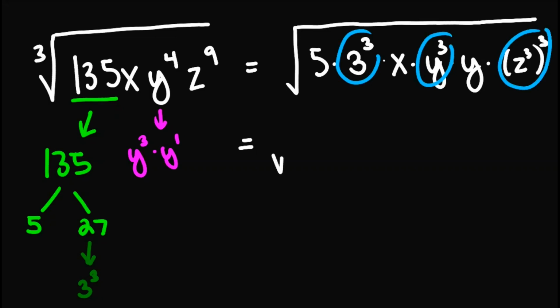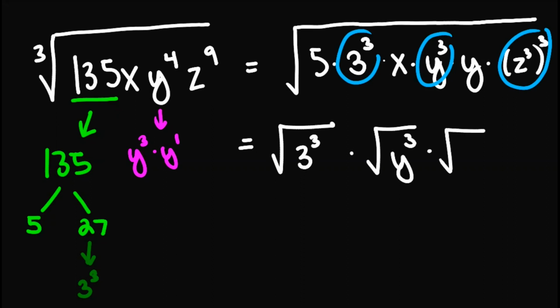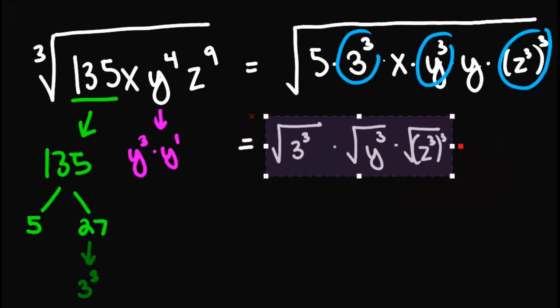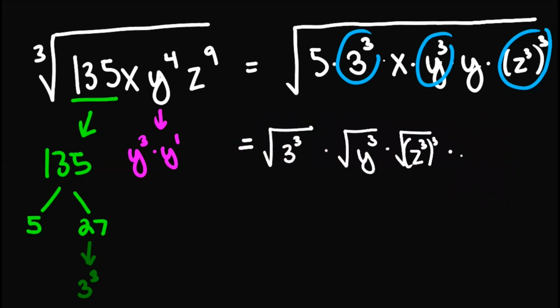So we have here 3 cubed times y cubed times z cubed raised to 3, times the expression left, which is 5xy.